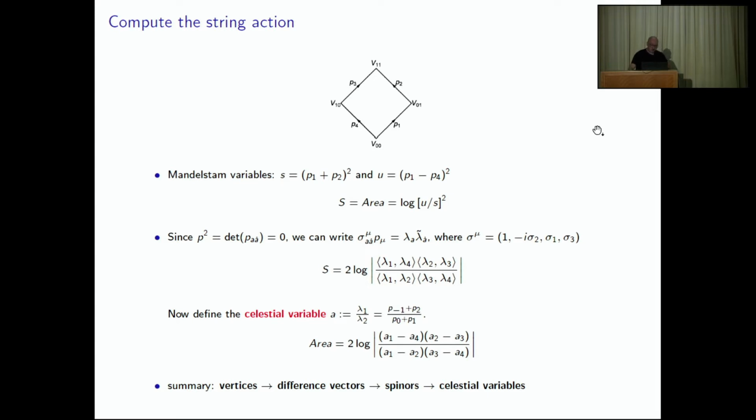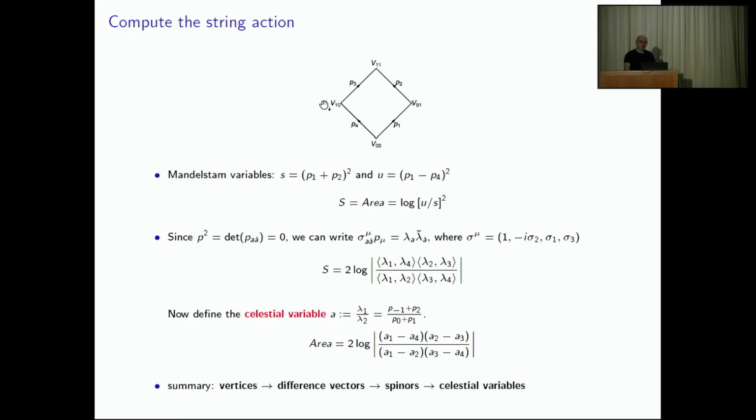So now you go to the spinor helicity formalism and you build these P vectors as a product of two spinors. These are two component spinors and they are real because we are in R2,2. Okay, so in terms of these lambda and lambda tilde vectors, you can write down this area.